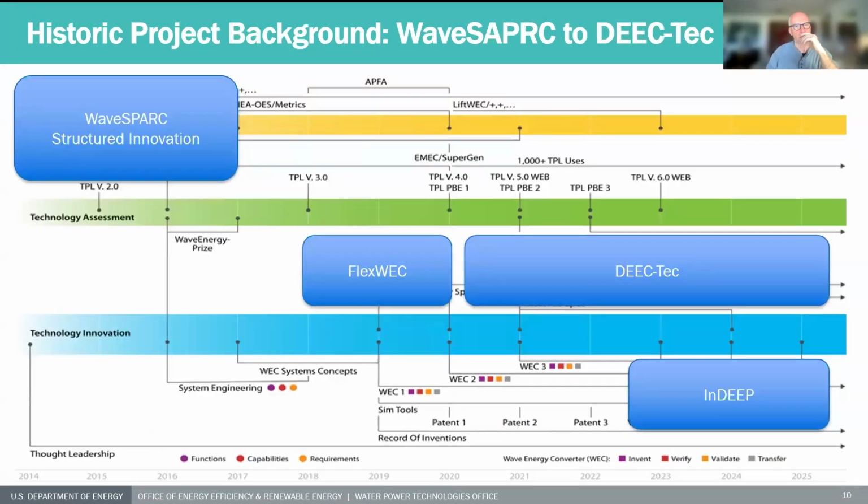Okay, so we just looked a little bit back at what has been done in the past, talking about things like the clam. So this is a simple timeline to put together where this project for us came from. We've had a project that used to be called Structured Innovation, and now it's called WaveSpar for quite some time.